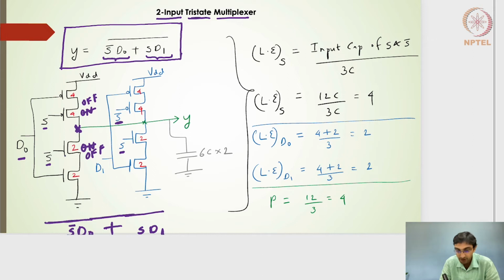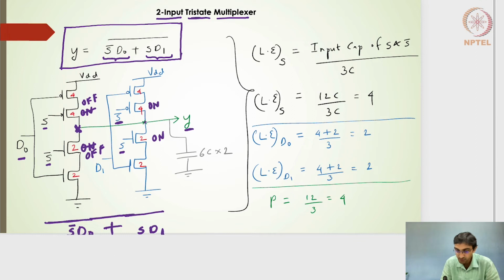So I will get the output Y based on the D1 input, right? When S is 0, Y is based on the D0 signal. So it is basically Y will be D0 bar or Y will be D1 bar. That's what the output is.